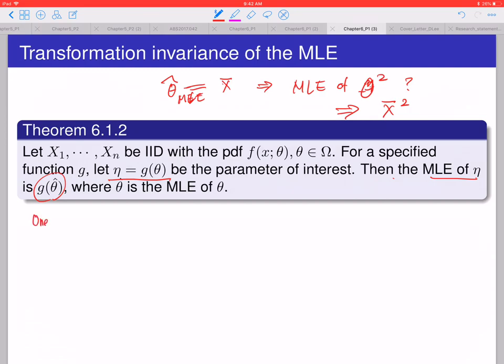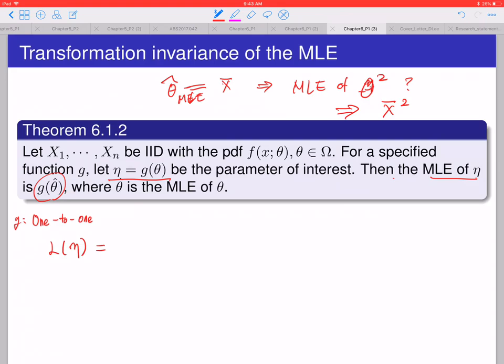Well, if g is one-to-one, you are interested in maximizing this, but you don't know this.